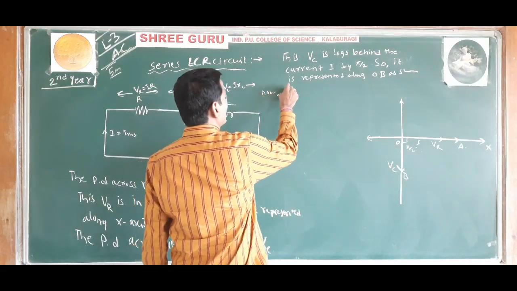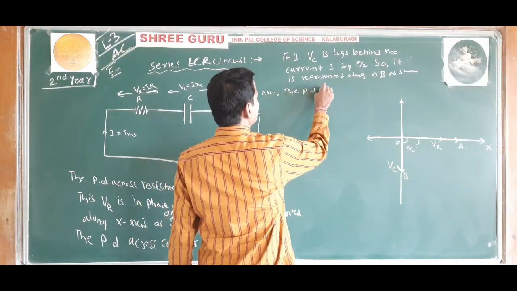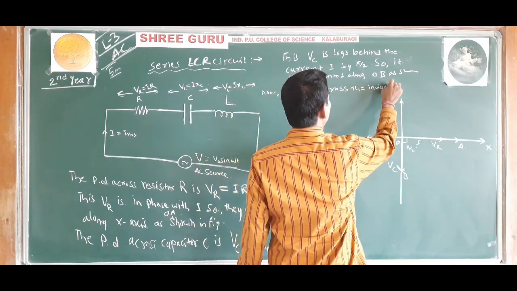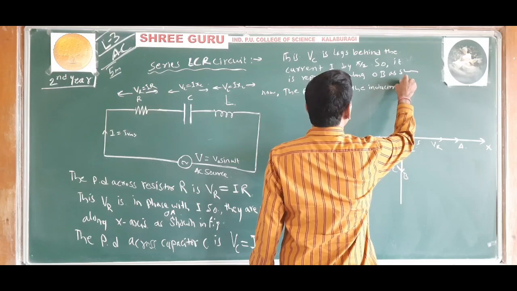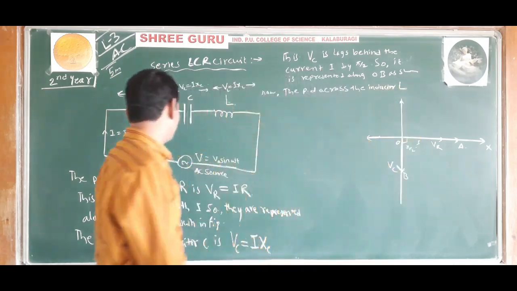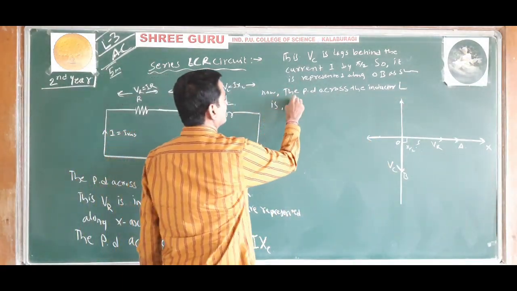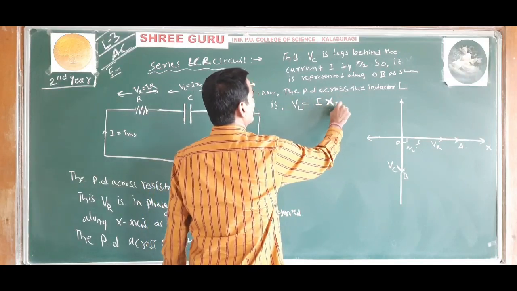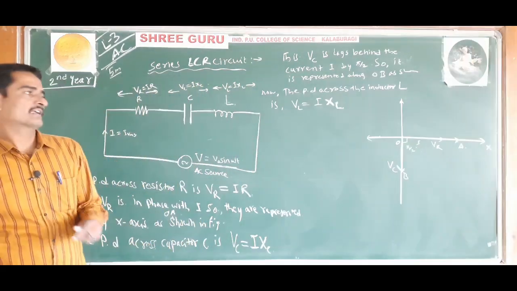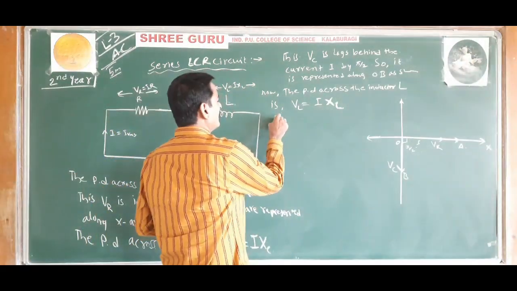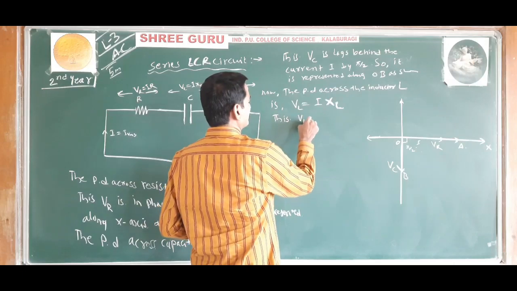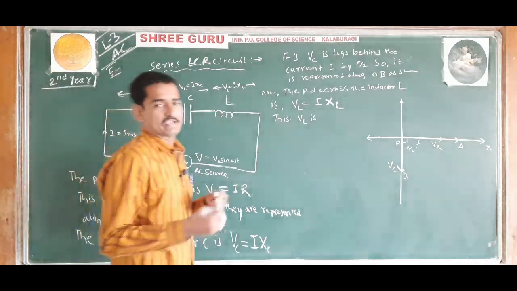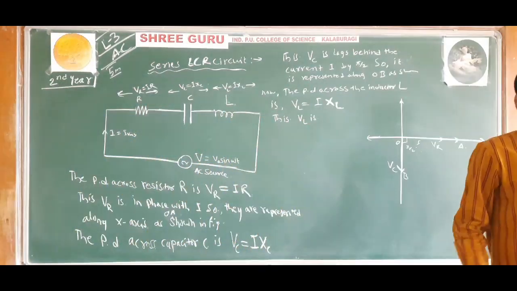Now the potential difference across the inductor L is VL is equal to I into XL, where XL is the inductive reactance, and this potential difference is ahead of the current by an angle of pi by 2.